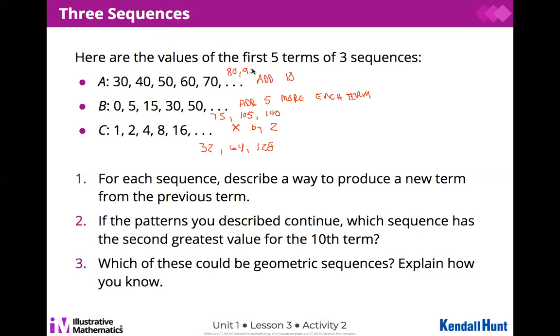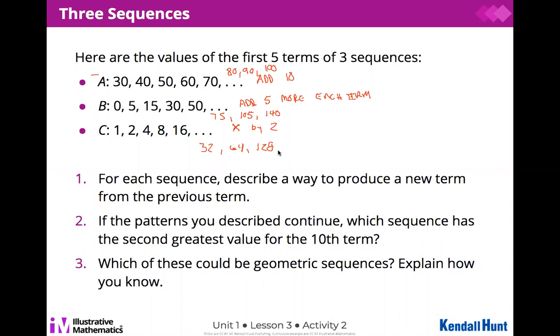80, 90, 100. All right, well, already the one that started the biggest is not as big, and this is just 8 terms in. So this one's going to be the smallest. So A is going to be the smallest. Now the biggest one's going to be between these two. And if I were to go one more term, I think it'll be pretty obvious which one's going to be bigger.